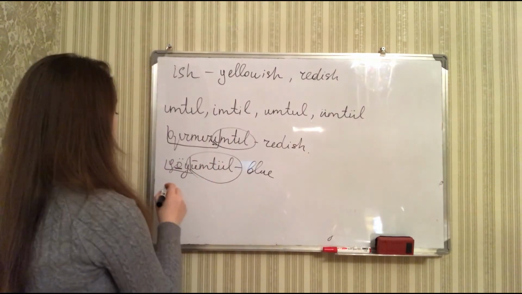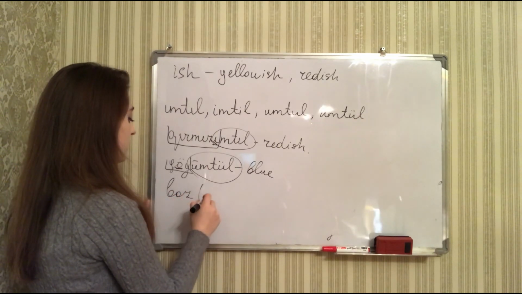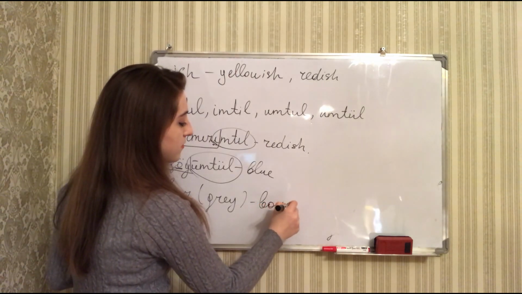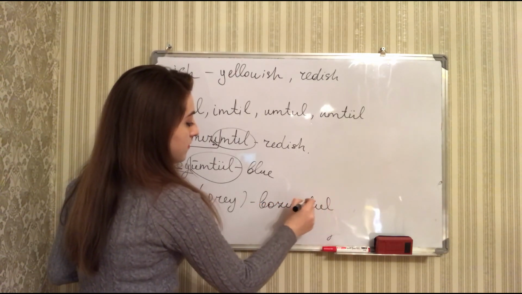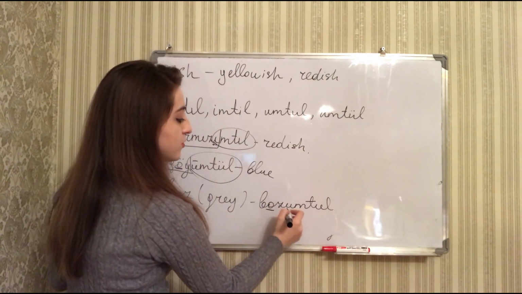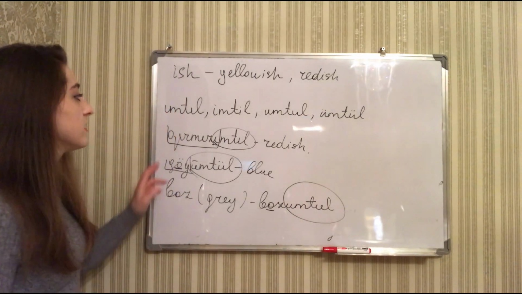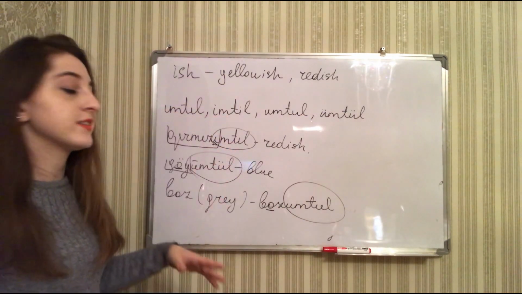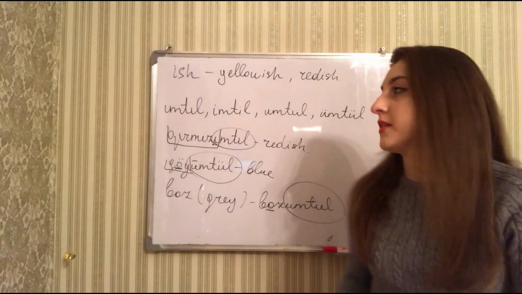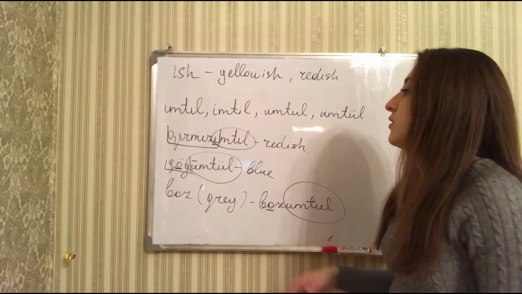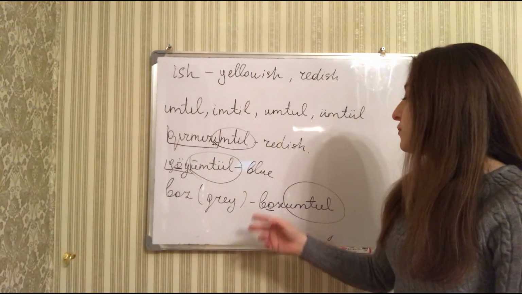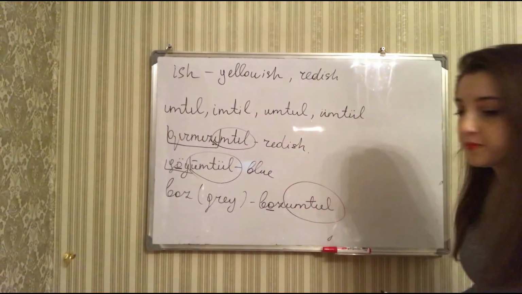After that, for example, boz, gray, bozumtul. O, hard vowel, umtul. So ish suffix is translating ımtıl, imtil, umtul, ümtül. And again, we can see the harmony of vowels. For example, kırmızı, kırmızımtıl, göy, göğümtül, boz, bozumtul, and etc.